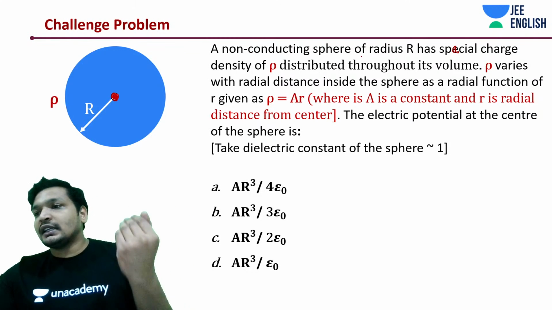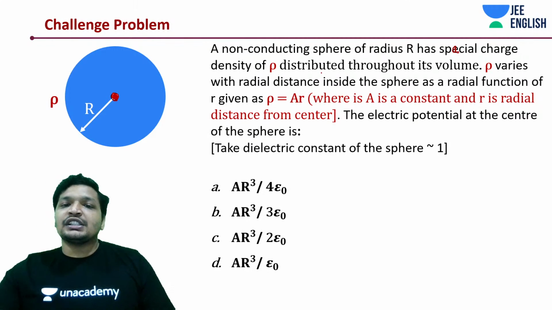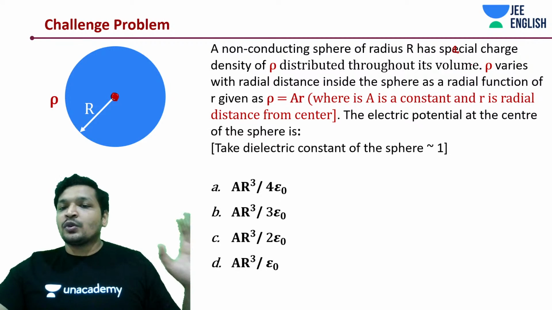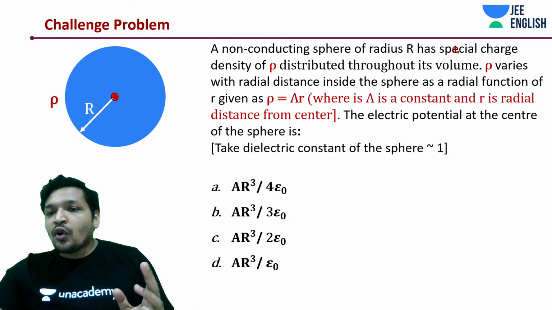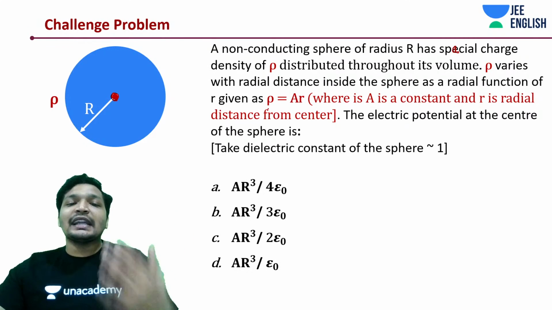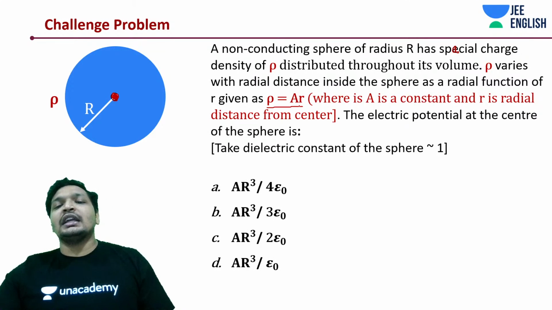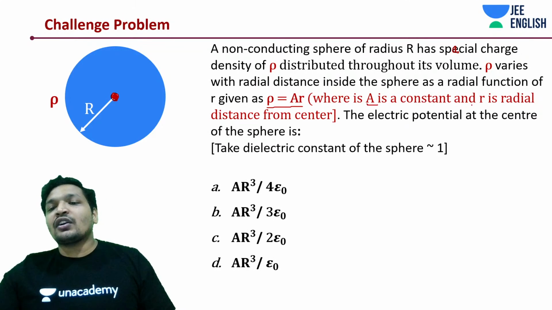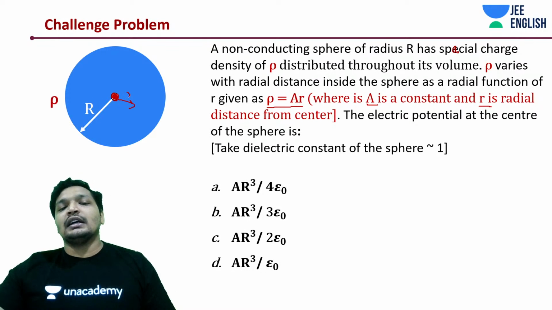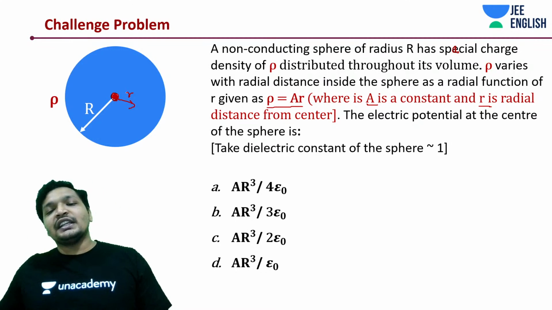A non-conducting sphere of radius r has a spatial charge distribution rho throughout its volume, and rho varies with radial distance inside the sphere as rho is equal to a into r, where a is a constant and r is the radial distance from the center. That means the charge density is varying with every r.